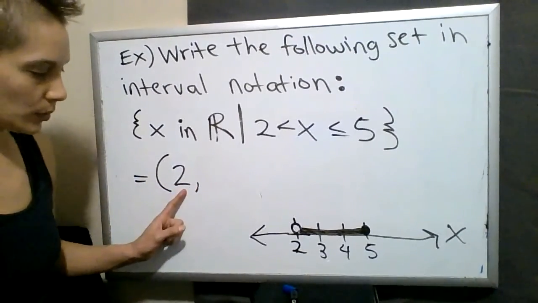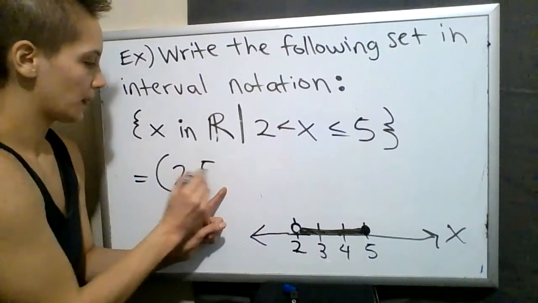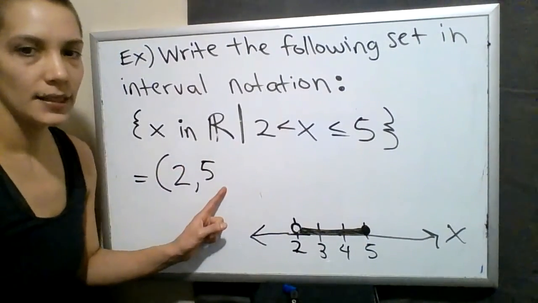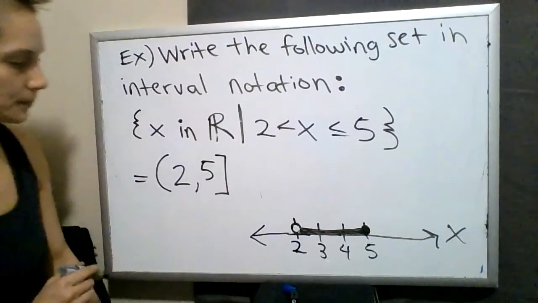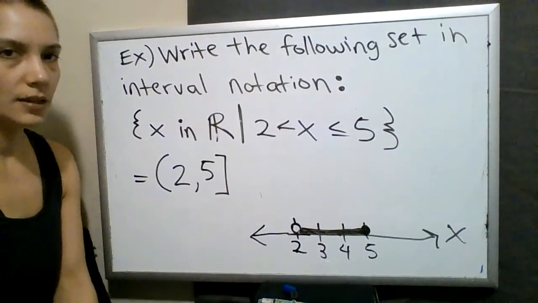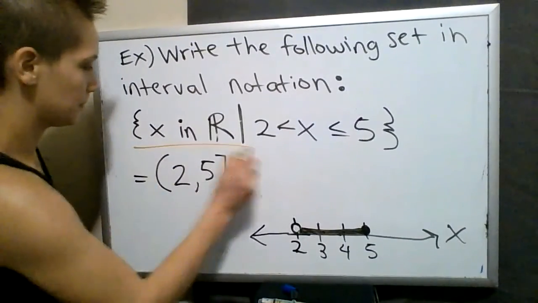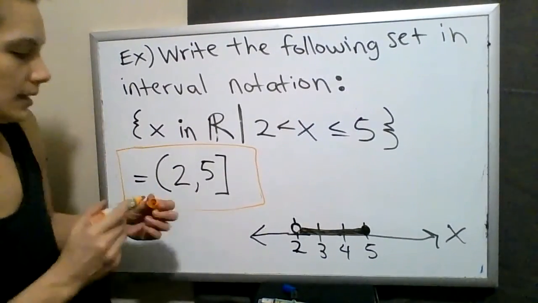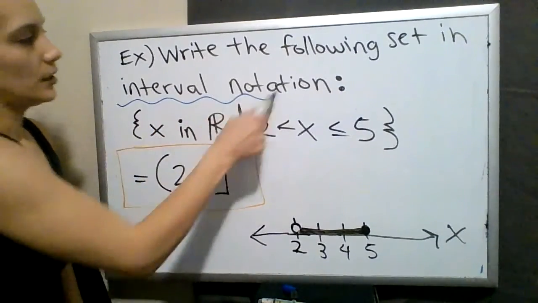So it goes from 2 over to 5 as the other endpoint, and it does include 5, so you have a square bracket. So that's the answer right there. Let's go with orange. That's our set in interval notation.